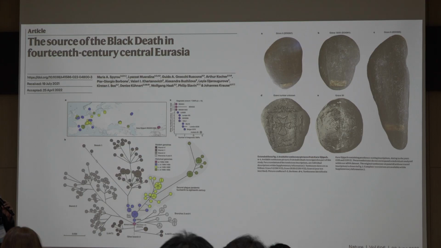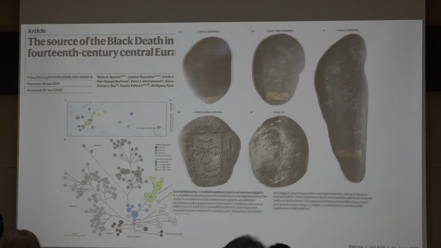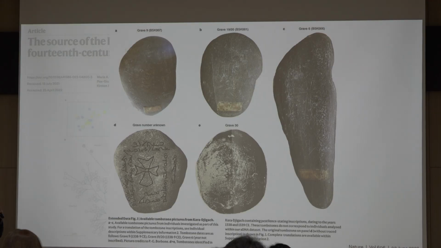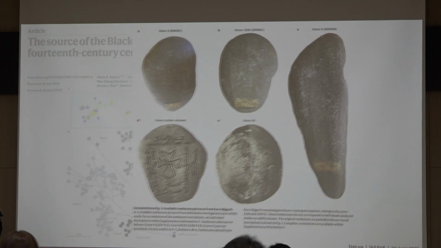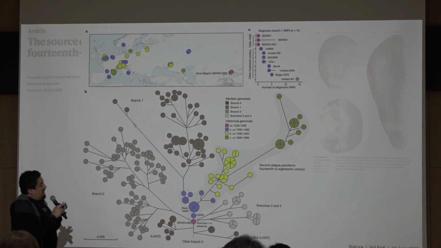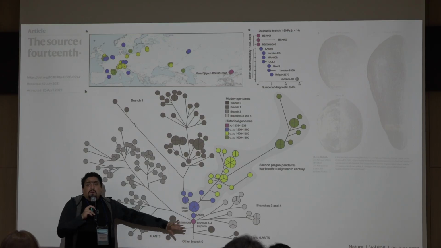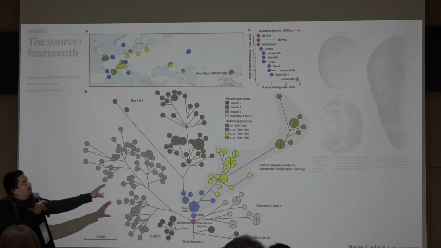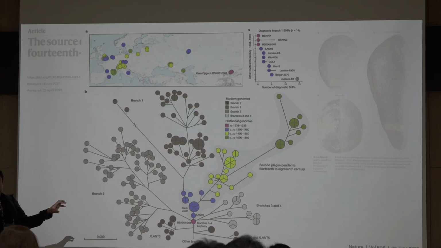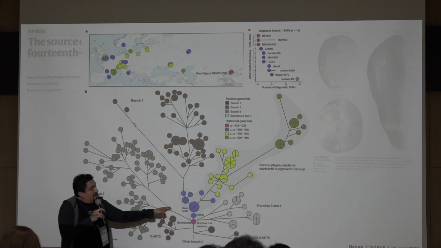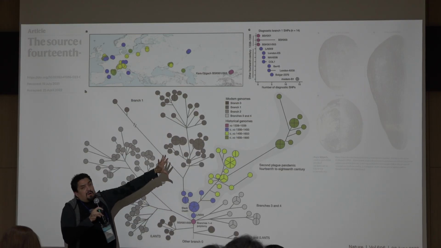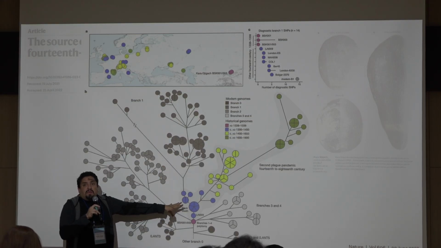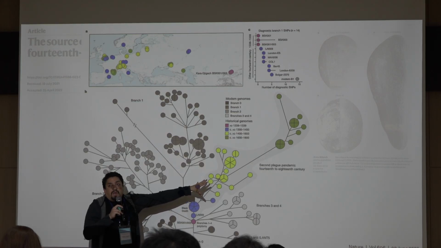So it's complicated to say yes, it was only that, just by the name on the tombstones, but when they could recover ancient DNA from these individuals that were buried in these specific burials with the tombstones, what we could see is that this Yersinia that was recovered from this site in Central Asia is the mother of the Black Death and all the other descendants from this Black Death pandemic event, including the second plague pandemic.